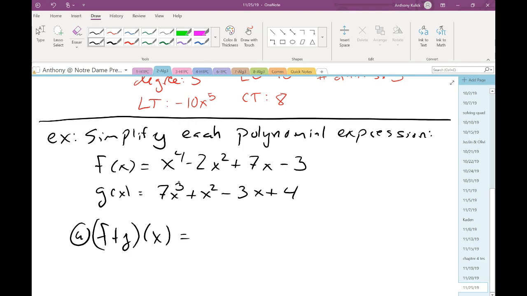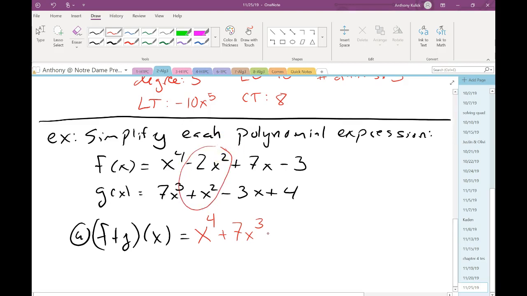Okay, so when we combine the like terms, let's write our answer in standard form. So what's the first part of our answer we should write? X to the fourth, good, and then 7x to the third, or 7x cubed, good, and then what? Close. So these combine, right? So we get negative x squared.